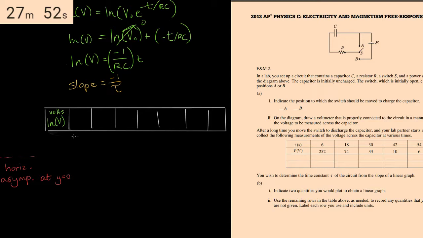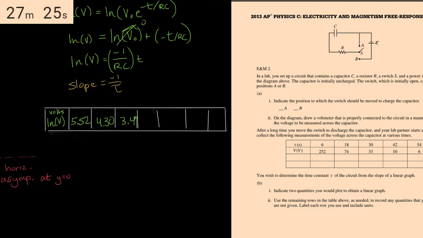All right, so we are calculating here the natural log of the voltage, which is in volts. For 6 seconds, we need the natural log of 252, so I'm calculating this on my calculator at home. This is 5.52, in volts. Then we have the natural log of 74, which is equal to 4.30. Then we have the natural log of 33, which is equal to 3.49.